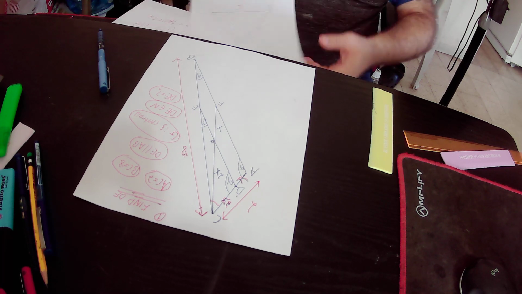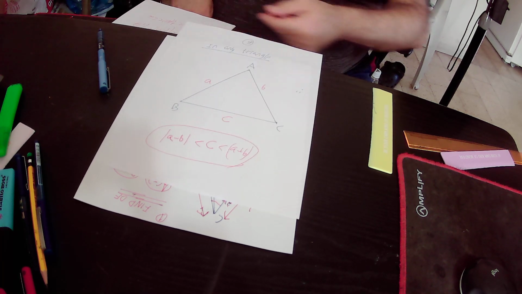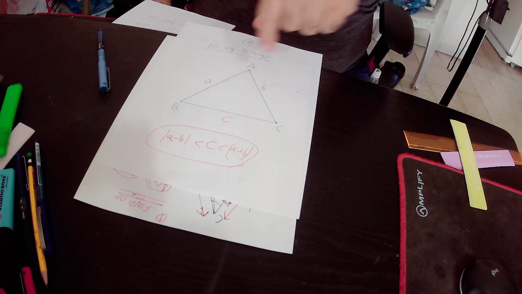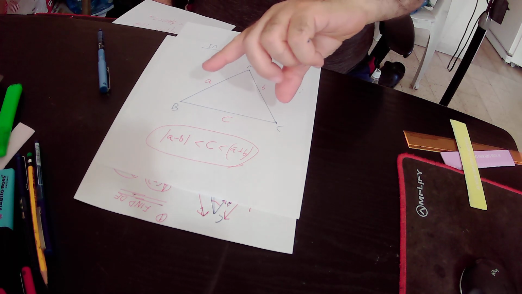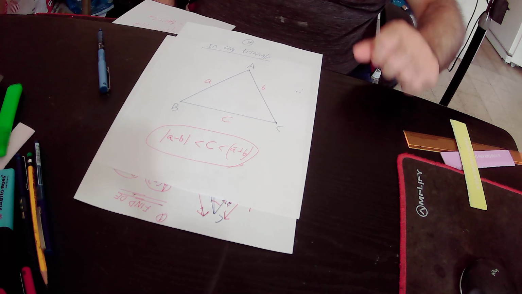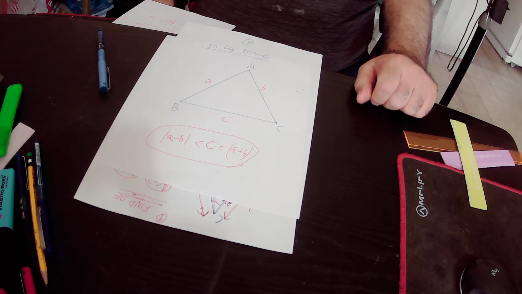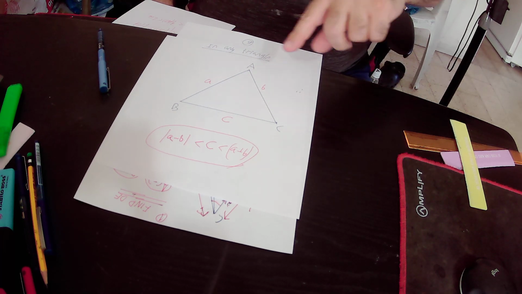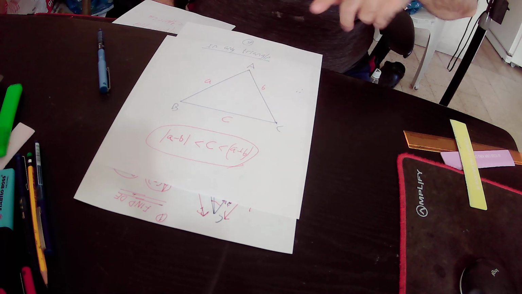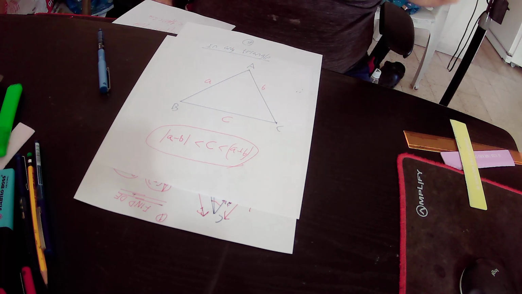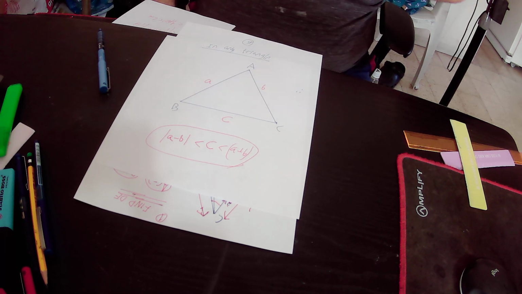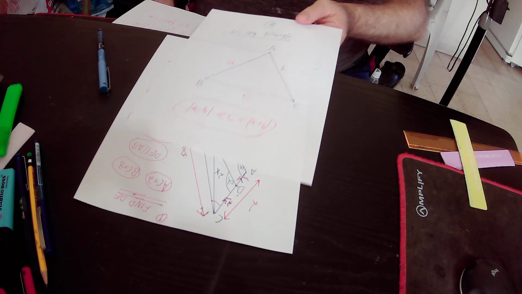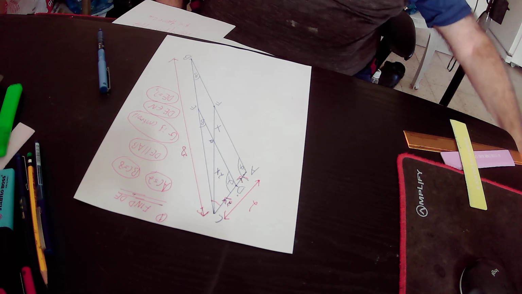And then we have another rule. If we have triangle ABC, and we know that the size of side AB is A units, the size of side AC is B units, and the size of side BC is C units, then C will be smaller than A plus B, and it will be greater than the absolute value of A minus B. So we can implement this rule in our triangle ABC.